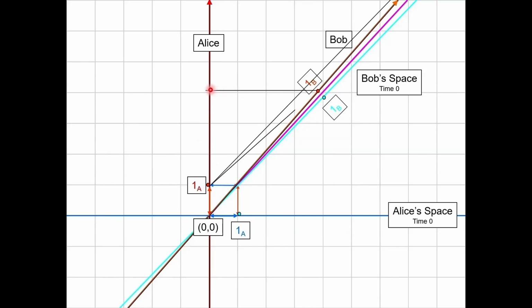Now it's a little bit harder to see for Bob because we moved his world line, but if we bring back our old 1 second and how Bob saw Alice's 1 second, so this was the difference between them. And now the difference is between this 1 second and where this line hits Bob's world line.